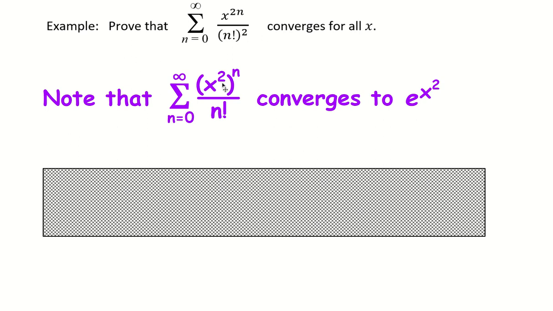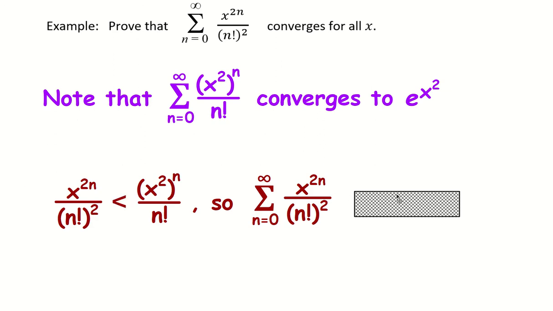And check it out. We know this converges, with just the n factorial. But look at this one, n factorial squared. The denominator is bigger than this, and so this is smaller than this, so it also converges.